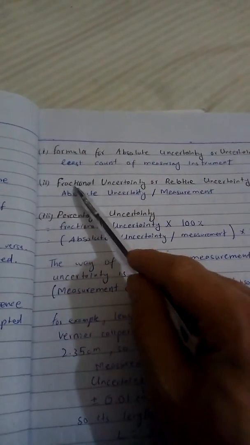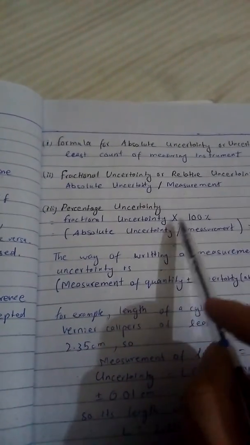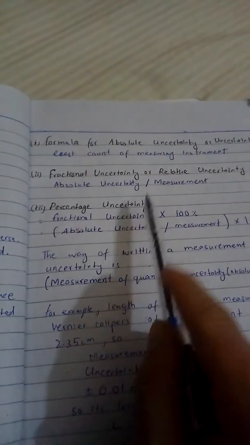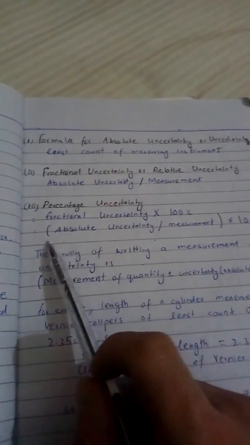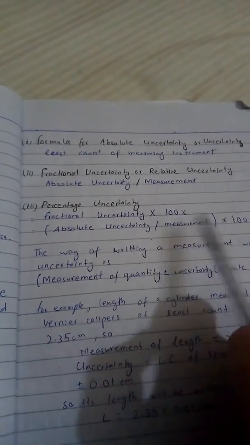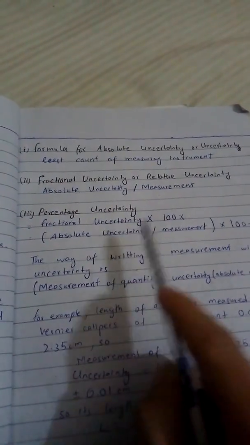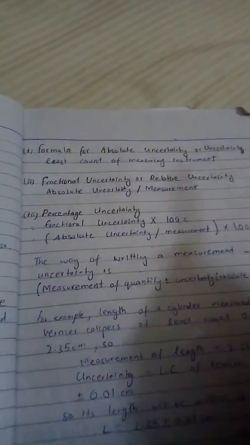Fractional uncertainty multiplied by 100% will be the percentage uncertainty. Basically, percentage uncertainty is the absolute, which is the least count uncertainty, divided by the measurement. The measurement is this one, 10.